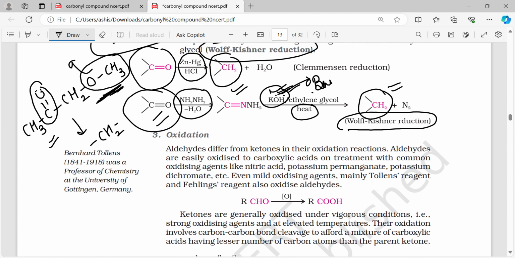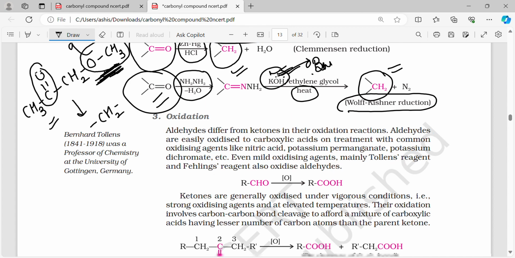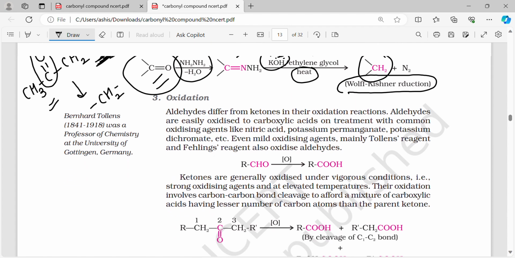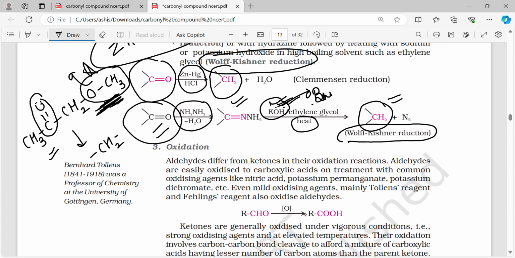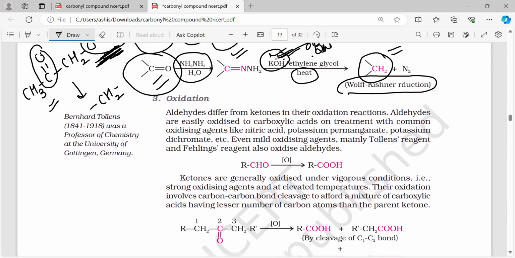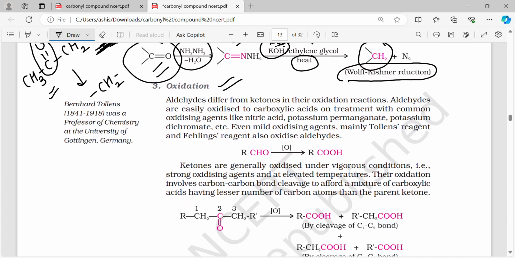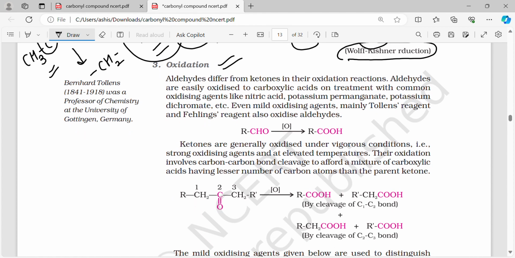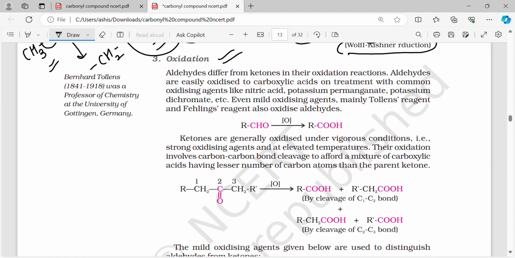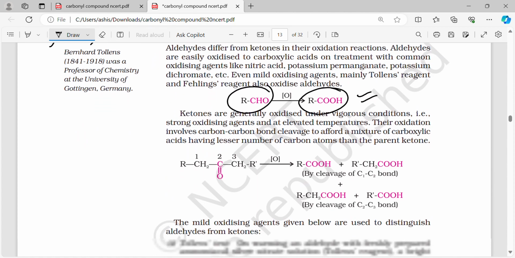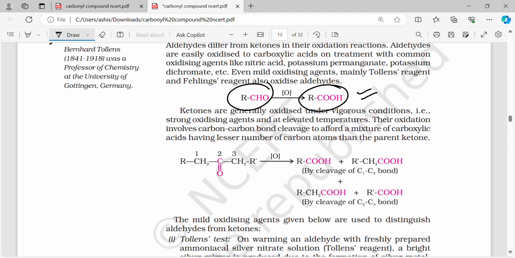So we cannot use Clemmensen reduction here, because Clemmensen reduction also attacks this ether group. That's why we have to use Wolff-Kishner reduction in this reaction. If we want this ether group to remain intact, then we have to use Wolff-Kishner reduction, because an acid sensitive group, the ether, is present.